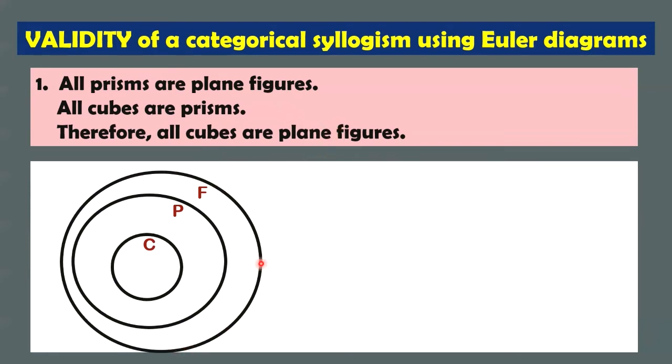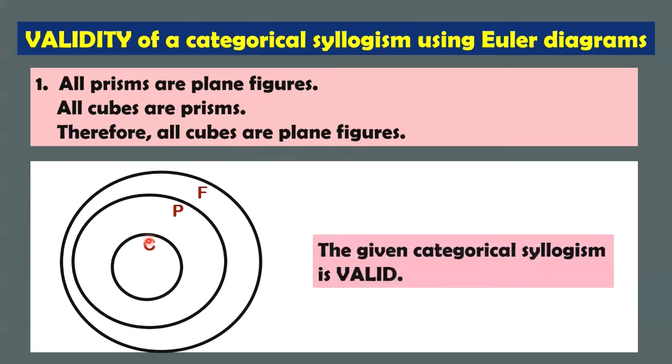And if you check our figure, our diagram, yes, the set C is smaller than our set F, or set C is properly contained in our set F. So, totoo ito. All cubes are plane figures. Okay? So, we say the given categorical syllogism is valid.